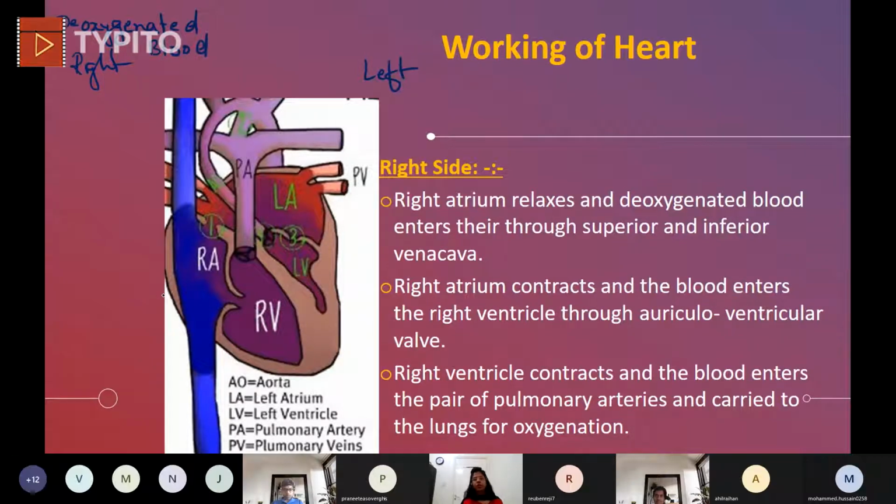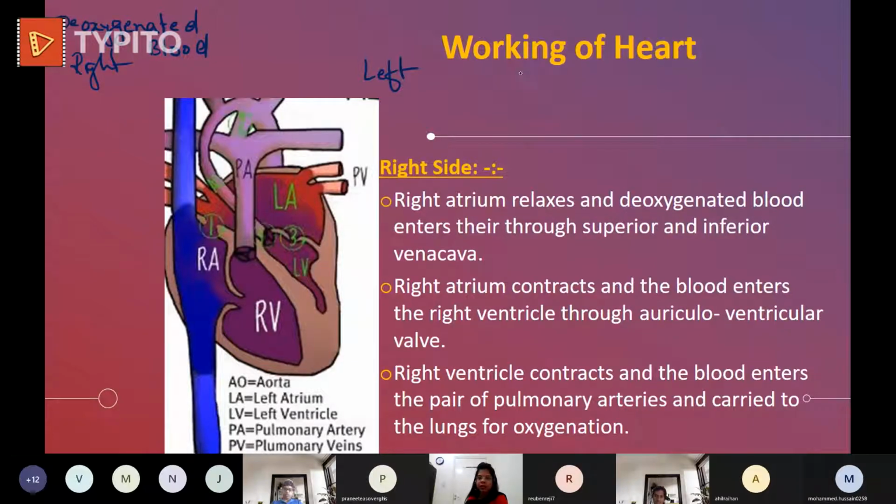All right. So the right atrium. You know what? The heart is a pumping organ, and the heart is made up of cardiac muscles. Cardiac muscles are contracting and relaxing, and this is the way the heart works.